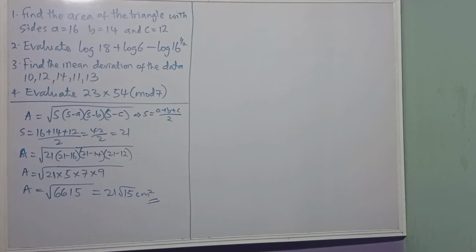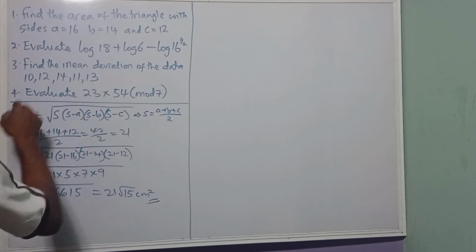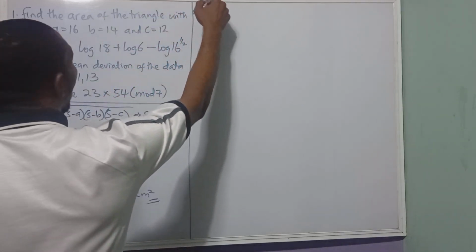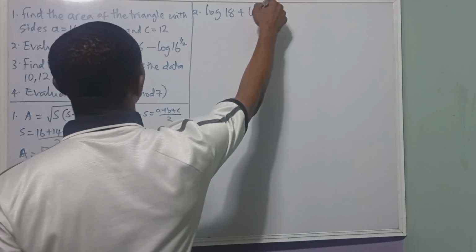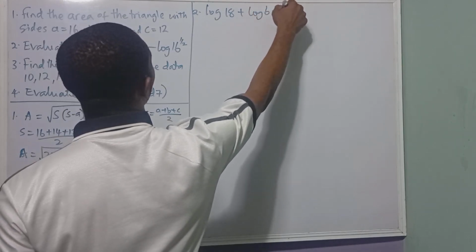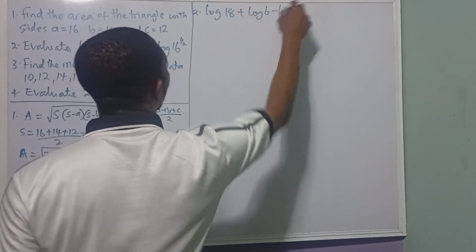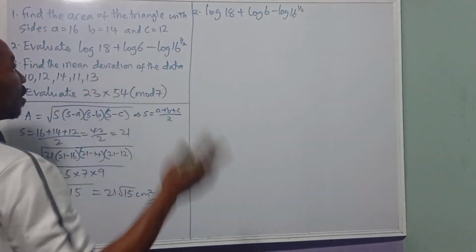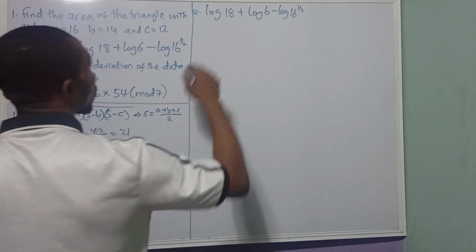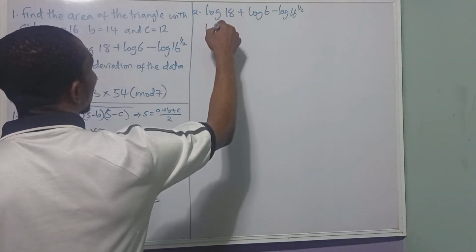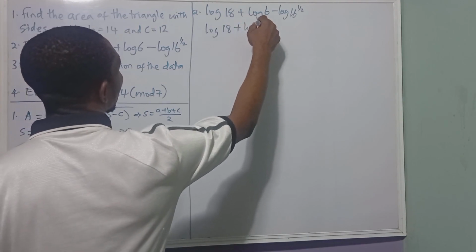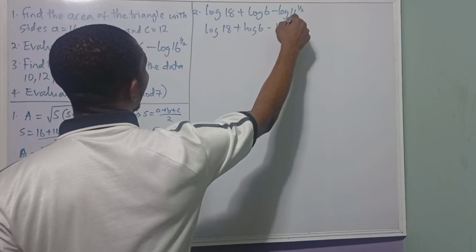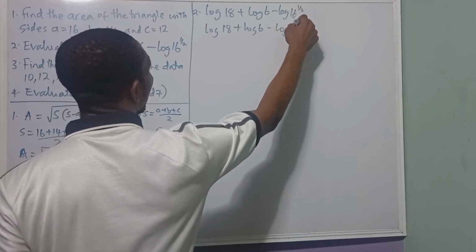Now our next question says evaluate log 18 plus log 6 minus log 16 raised to the power half. Now we know that anything raised to the power half is the root. So this we can have as log 18 plus log 6 minus log root 16, which is 4.